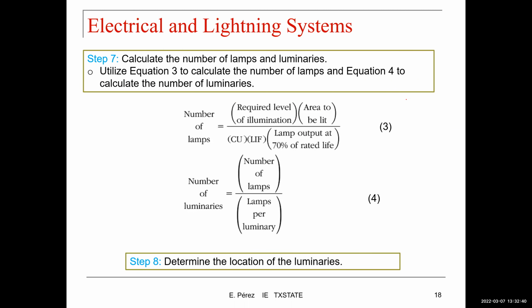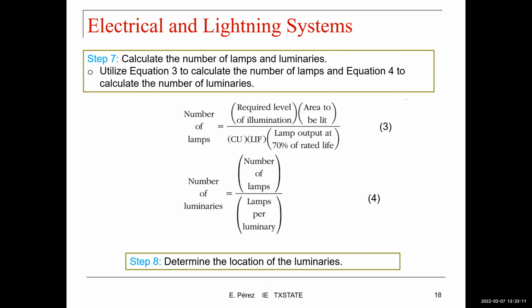And then using all that information, we can calculate the number of lamps and luminaries. We'll use equation 3 to calculate the number of lamps and equation 4 to calculate the number of luminaries. The number of lamps is just a multiplication of the required level of illumination, the area to be lit, the coefficient of utilization, the LLF, and the lamp output at 70% of rated life.